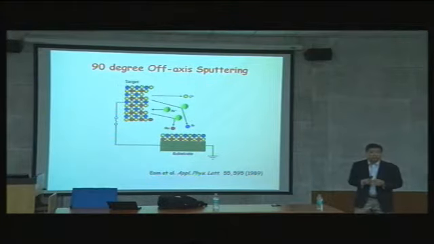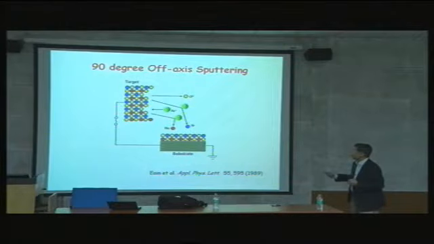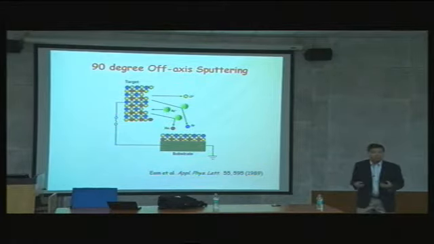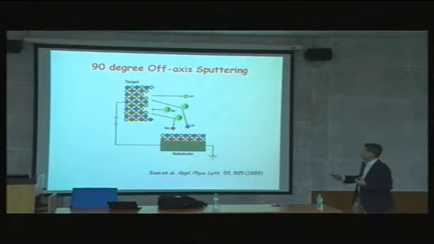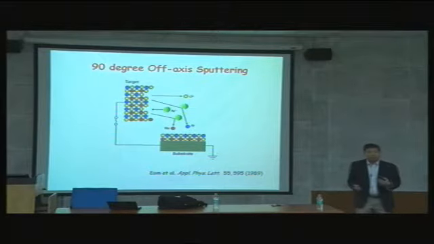This technique uses a target at 90 degrees, and you apply a high enough pressure so that you have a lot of scattering. The scattering comes from the background gas, and diffusion is the main process of the flux. But oxygen ions never reach here. Oxygen ions go in that direction.